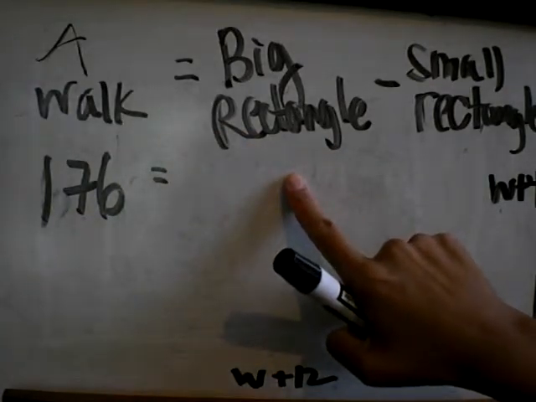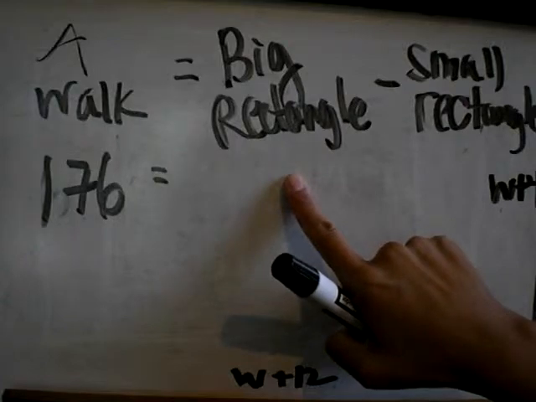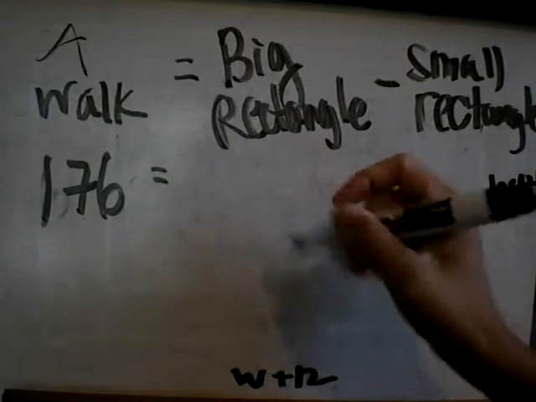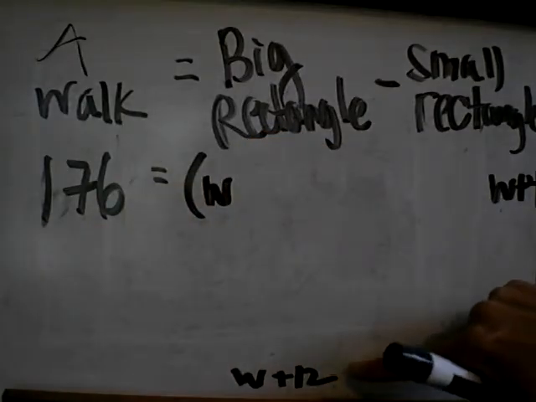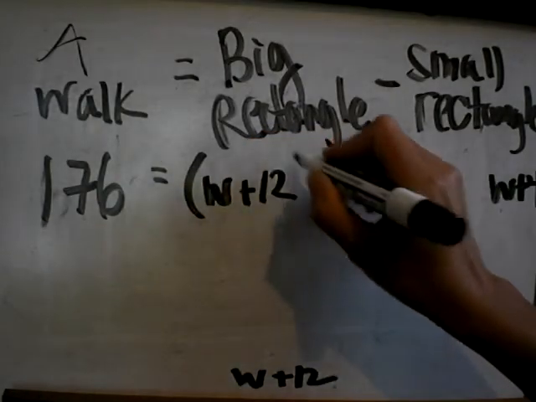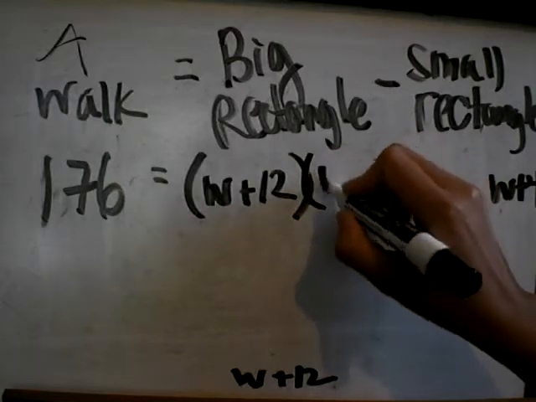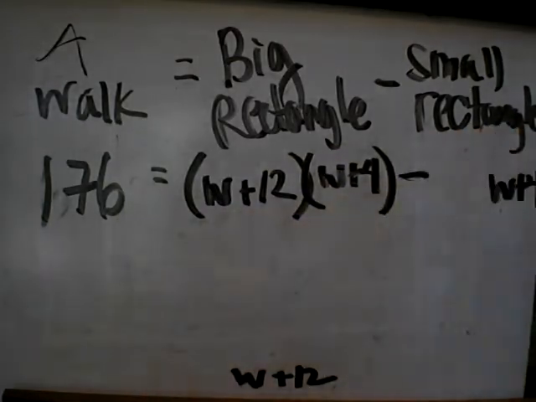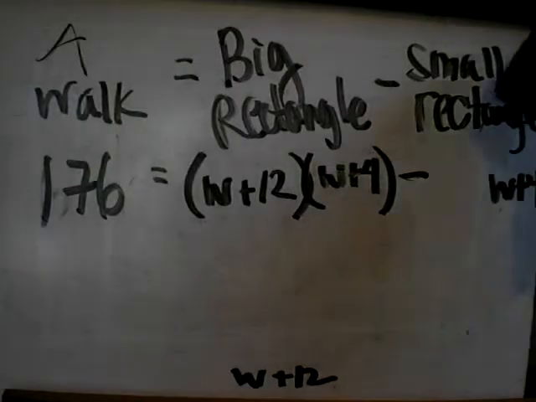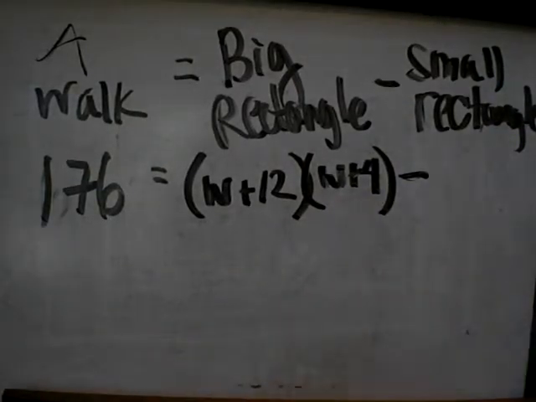Now remember, area of the big rectangle, length times width. We know what the length times width is. The length was W plus 12, times W plus 4, minus the area of the small rectangle. So the area of the small rectangle, if you look at your workbook, that flower garden, length times width.